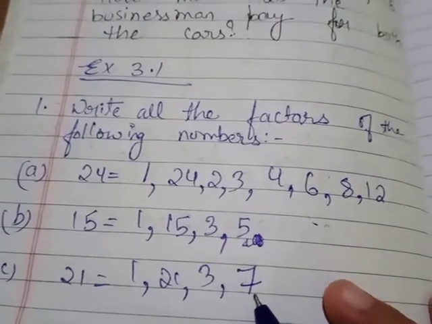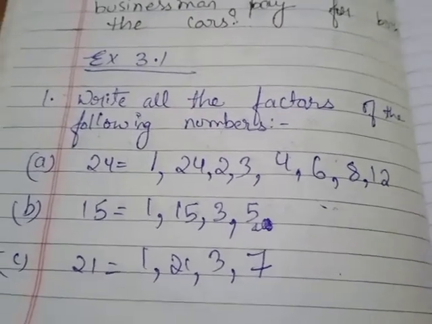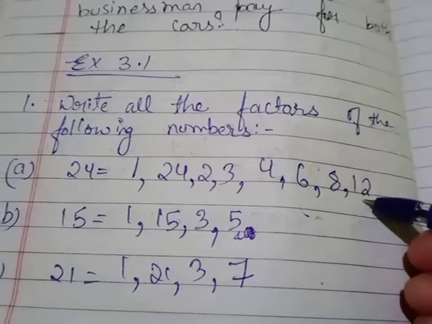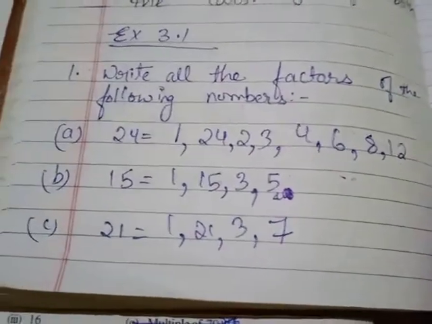Here it is 7: 7 plus 7 plus 7 is 21, so you will not get any other factor than 7. In the same way, 12 plus 12 gives 24, and we will not have any other factor. Like this, we can stop.